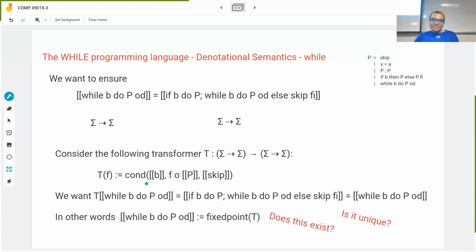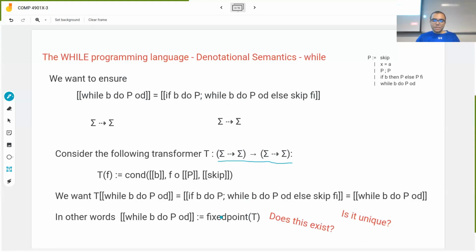So this T takes a function, for example, the semantics of this program here, and gives me another function, for example, the semantics of this program here. So the type of T is this. It's going to take a semantic function and give me another semantic function.